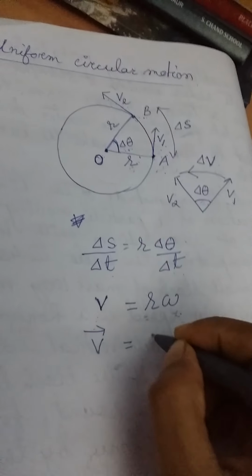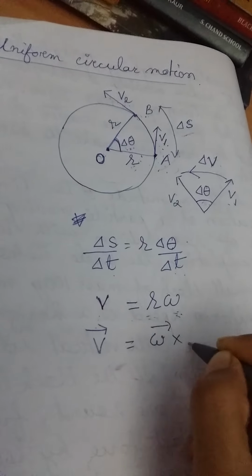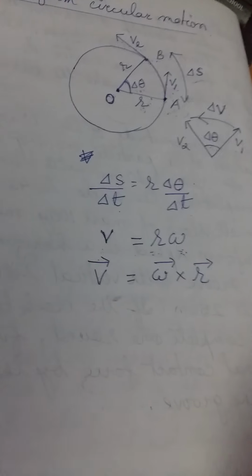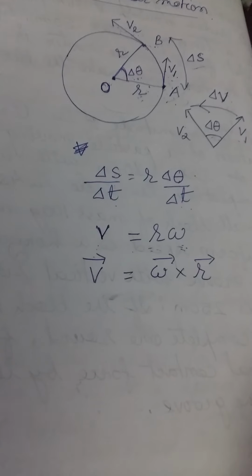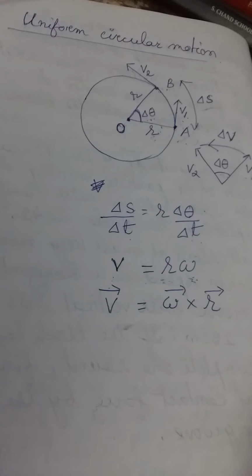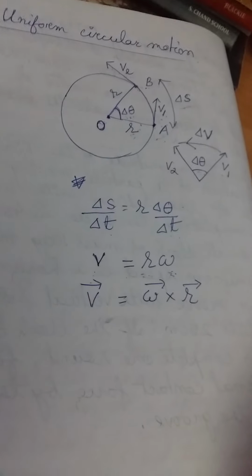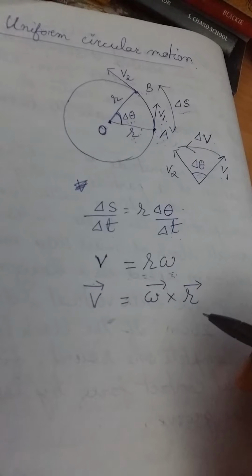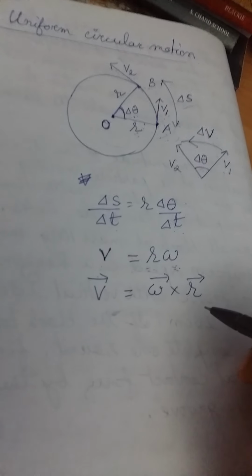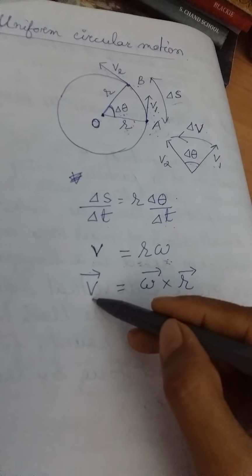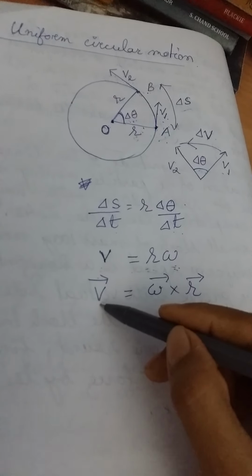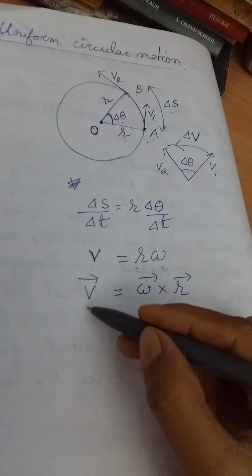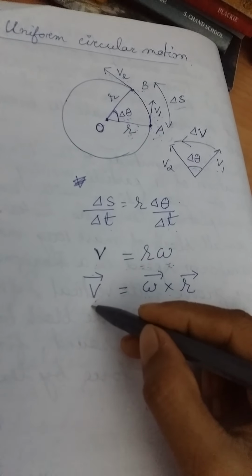If we represent it vectorially, this is the representation of linear velocity in terms of angular velocity in vector notation: omega cross R, not R cross omega, because R cross omega gives you the direction which is opposite to the direction of linear velocity. Practically, omega cross R gives you the actual direction of the linear velocity.